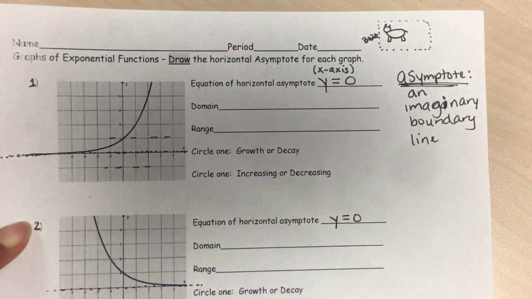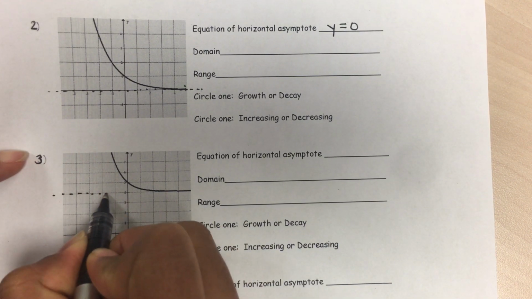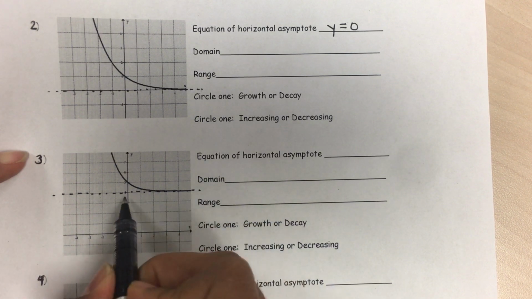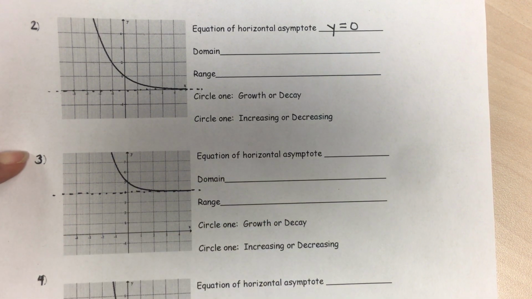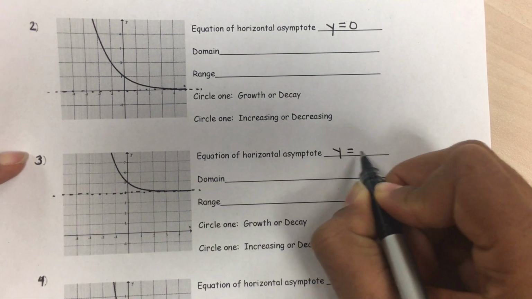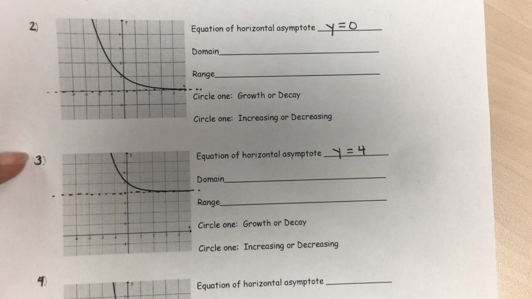Y equals 0. Okay, let's do one more. Look at problem 3. Where is this graph flattening? It looks like it's flattening at 4. So what is my equation going to be? 4 on the y-axis. Y equals 4. Okay, it's that easy to write the equation of your asymptote.